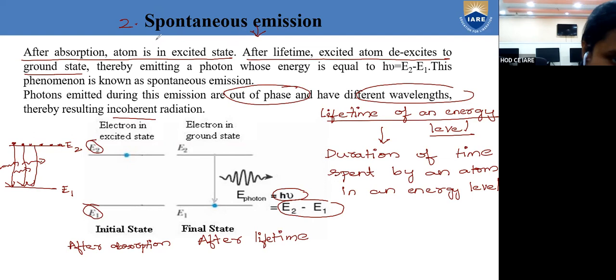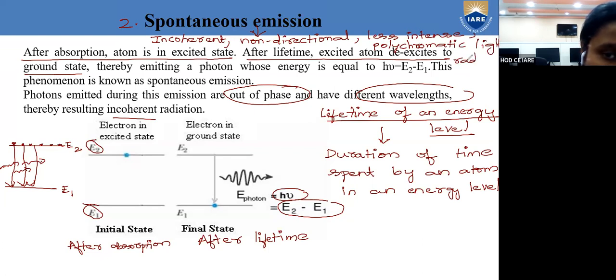It is going to give us incoherent light, non-directional, and then less intense, as well as polychromatic radiation. Polychromatic means it has got many wavelengths. Polychromatic light radiation. So out of spontaneous emission, we are going to get such type of light radiation.